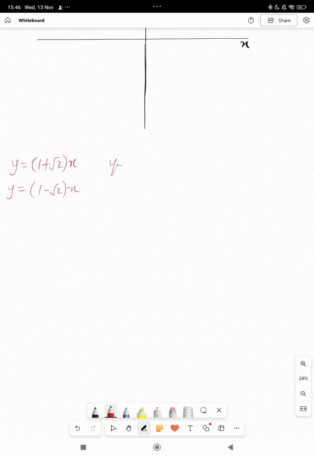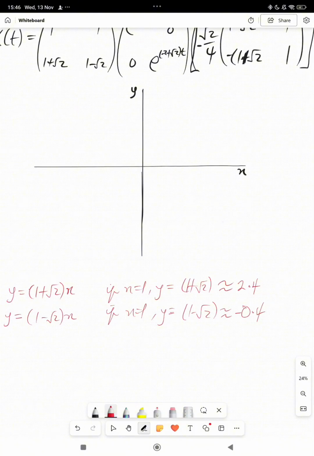So if x is equal to 1, y will be 1 plus square root of 2. If x is equal to 1, y will be equal to 1 minus square root of 2. And this is approximately 2.4, and this is approximately negative 0.4.